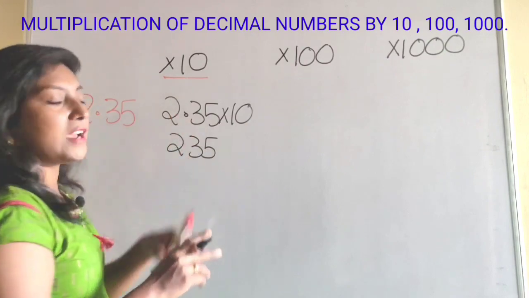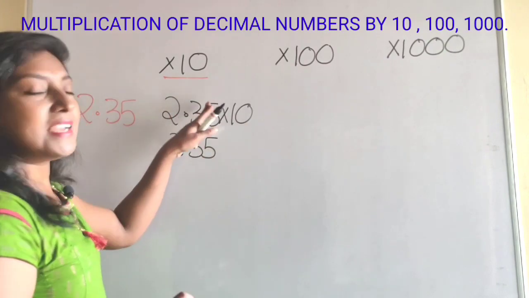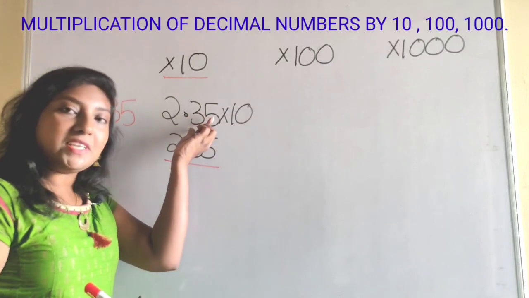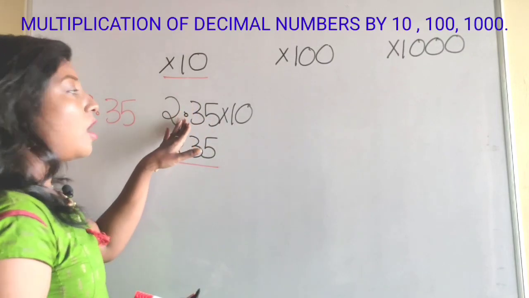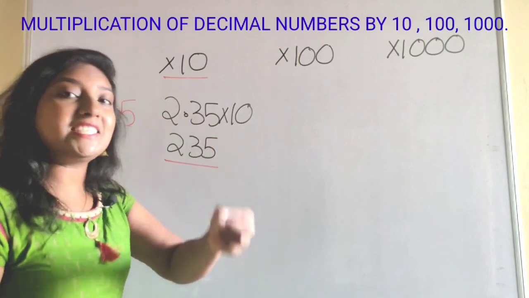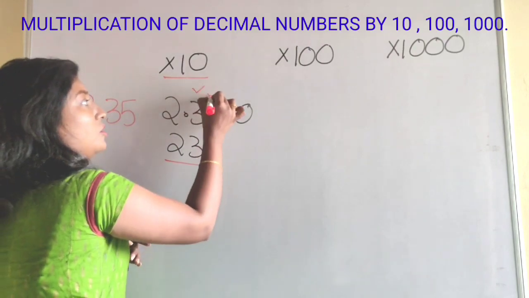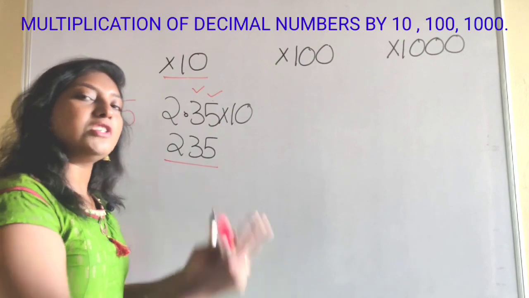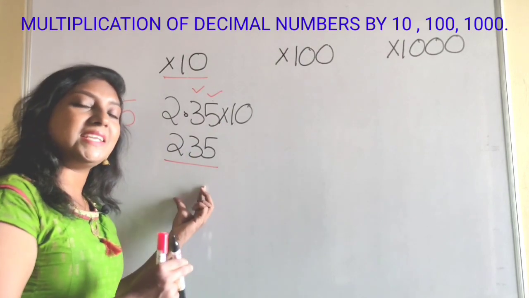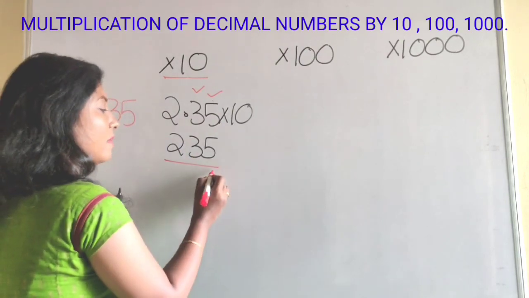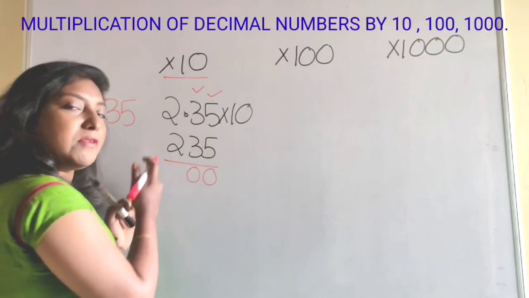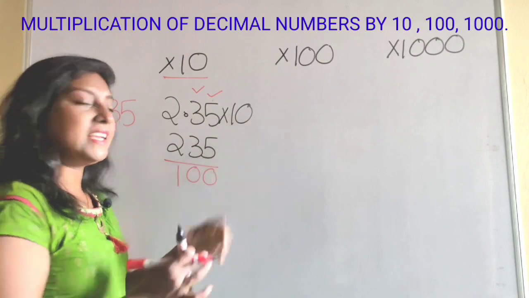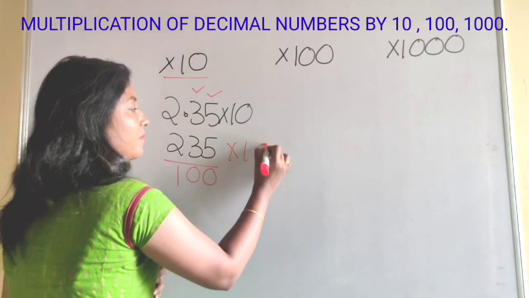Ignore the decimal point and write the digits here. Next, check after the decimal point how many places we have. Here we have 2 places, that is 3 and 5. Those many zeros we have to place at the denominator. So, I am taking 2 zeros and before the zeros we place 1, and bring this 10 down, that is multiplied by 10.